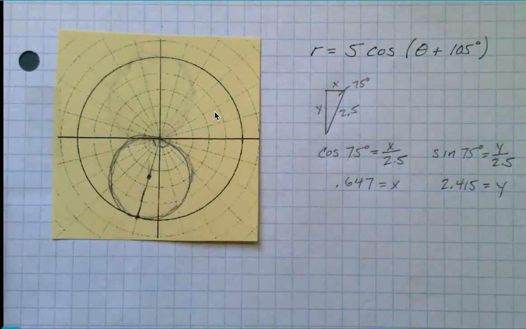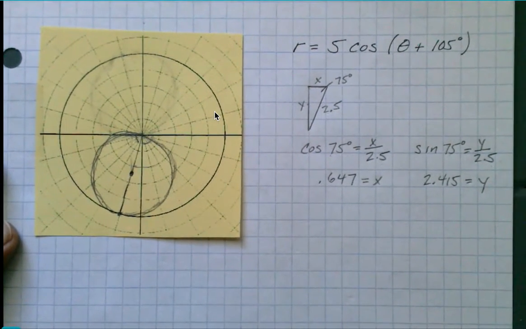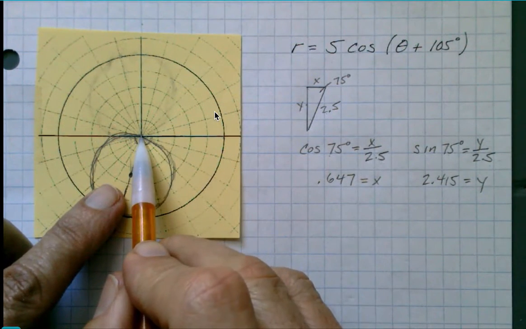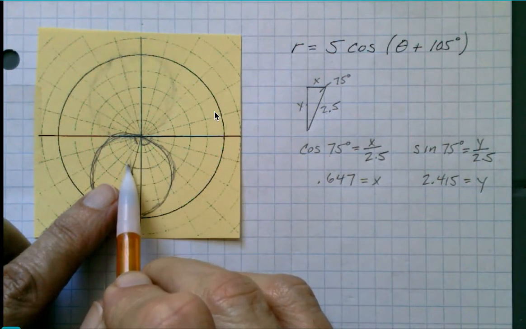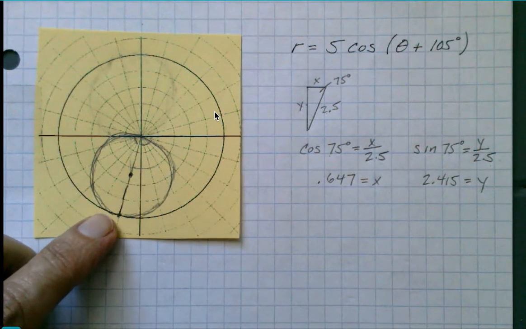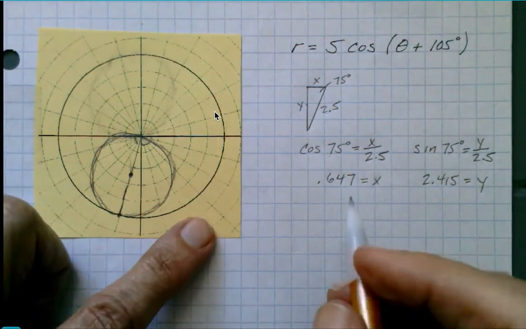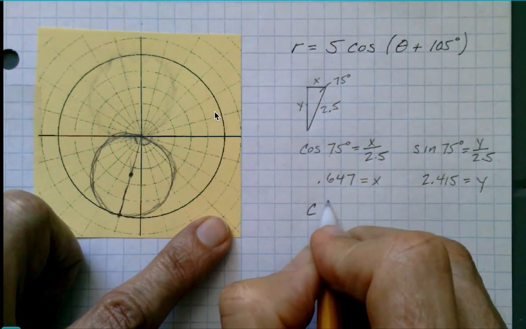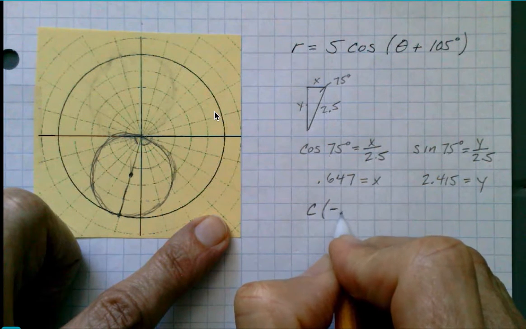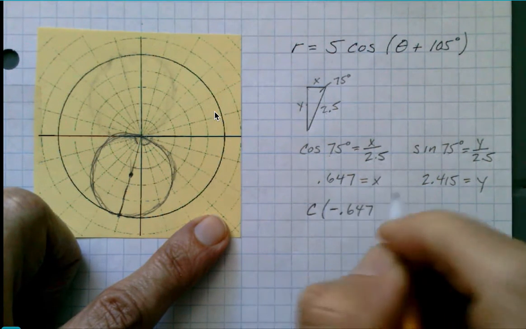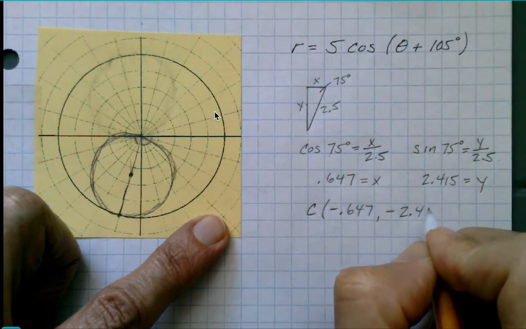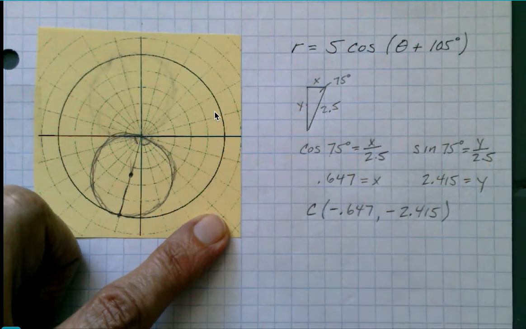equals y. And so now, again, using our picture, we could say, okay, well, each of these is negative. The x is negative and the y is negative. So that would be the position of our center point. So the center is located at negative 0.647, negative 2.415 in Cartesian.